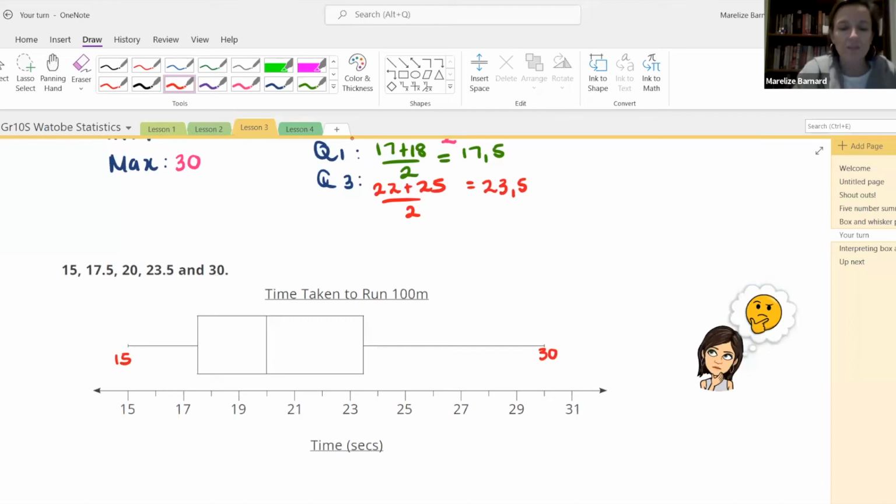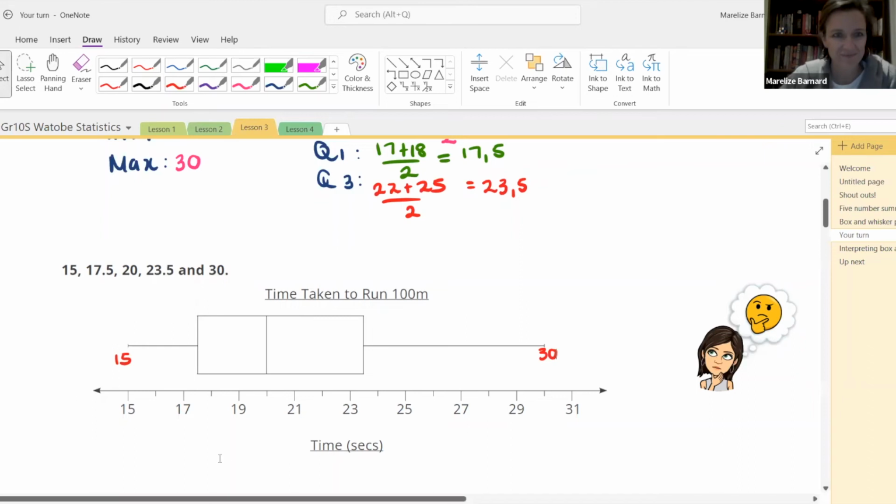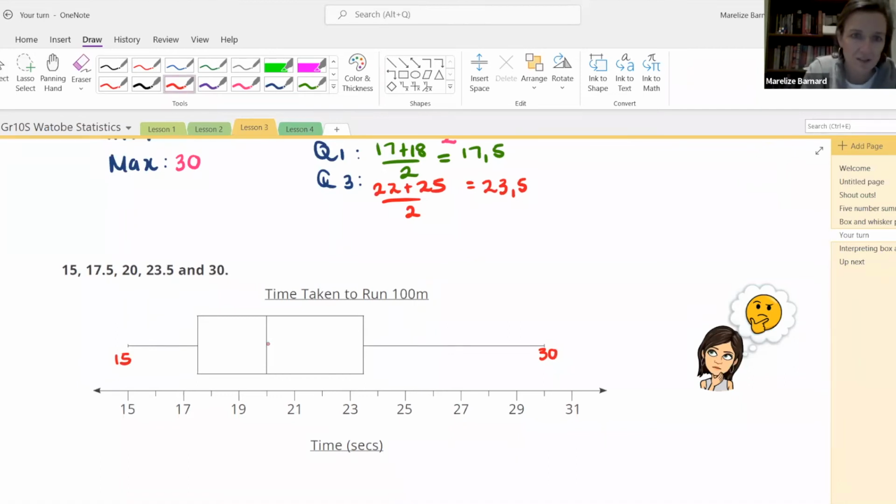Okay, so you should have a very definite little box with a very long whisker on the right and a shorter whisker on the left. Isa's got a bit of both. Okay, excellent. Yeah, and then this is your median value. And this is your Q1 and Q3.